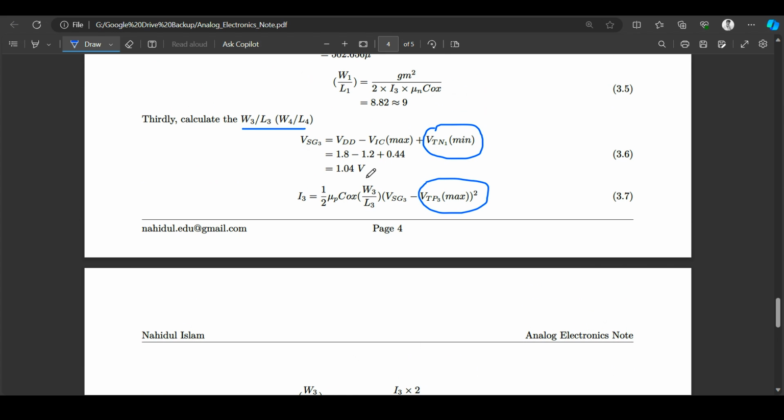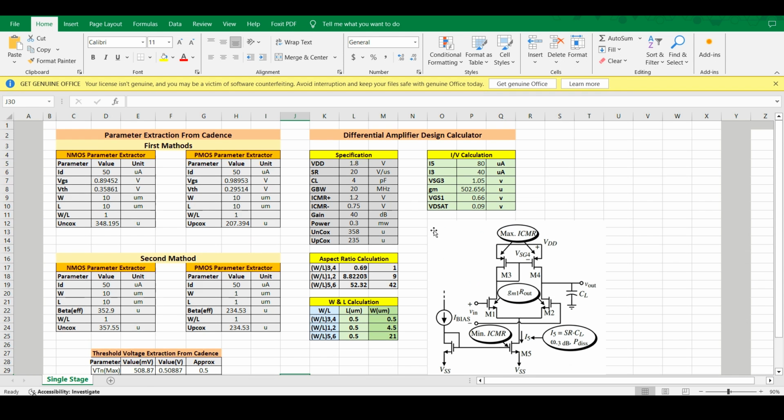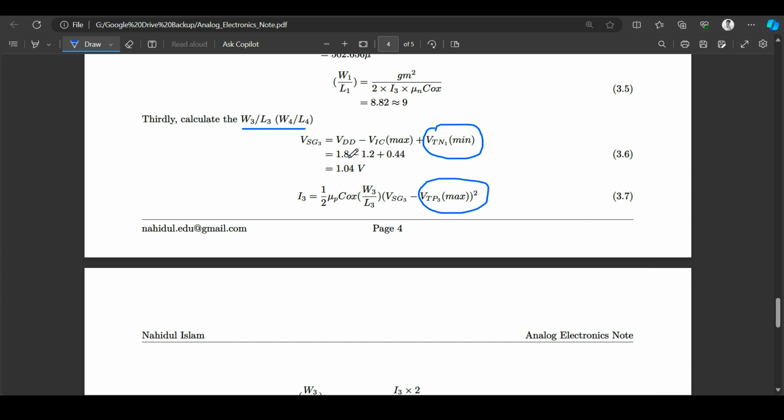Then I get the source to gate voltage, which is basically 1.04 volt. You can see here source to gate is basically 1.04.